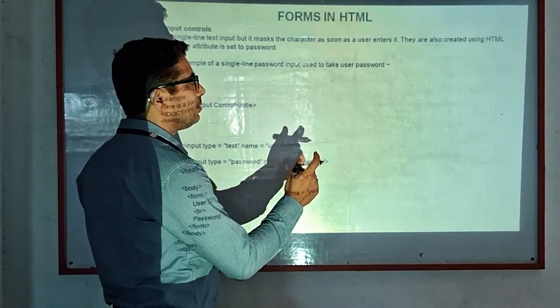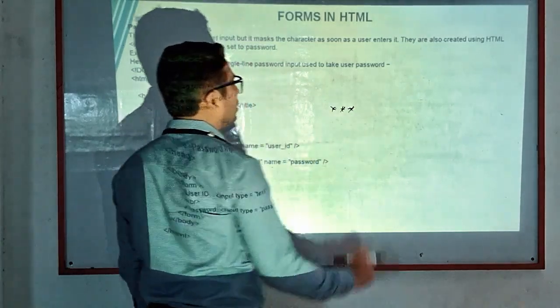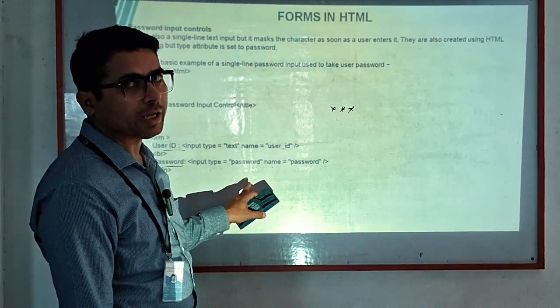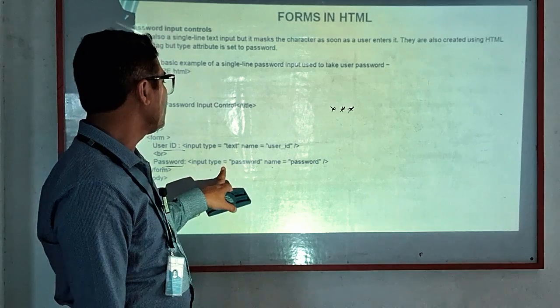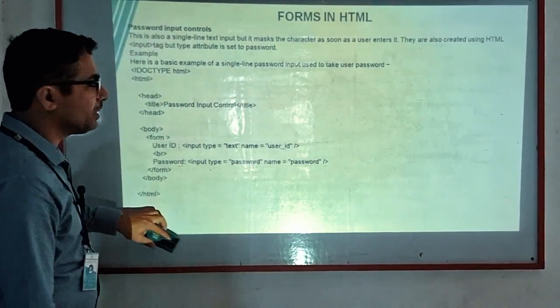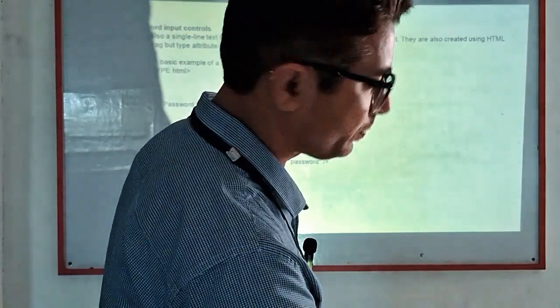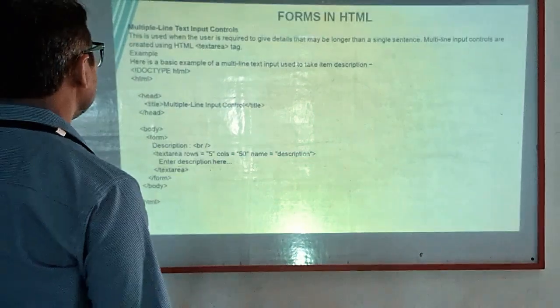It will be showing as star star star like this, because we have selected the type of the input as password. So HTML will understand that it is a password, and it will not be visible to others.